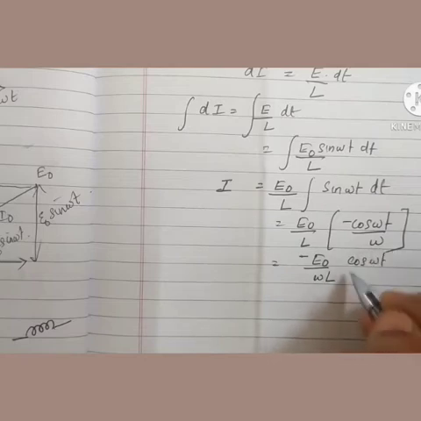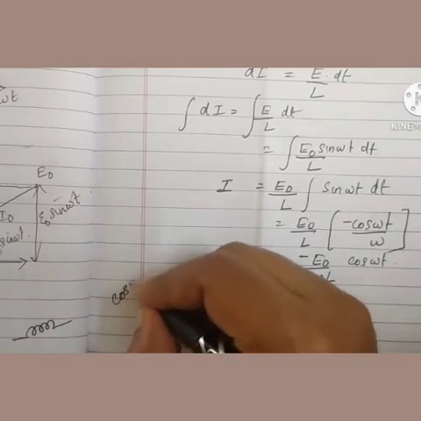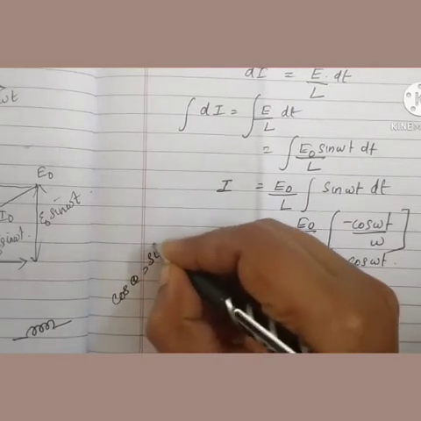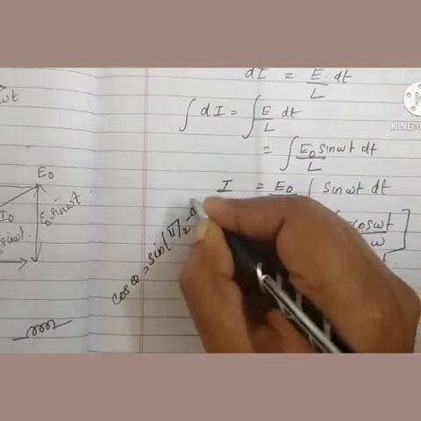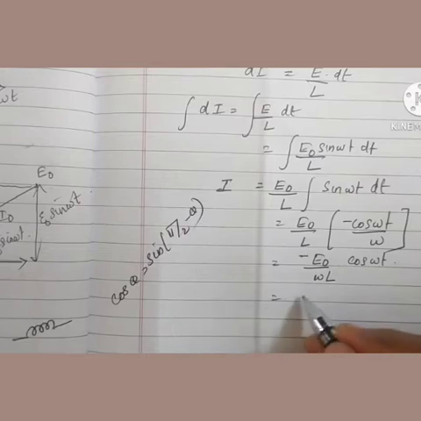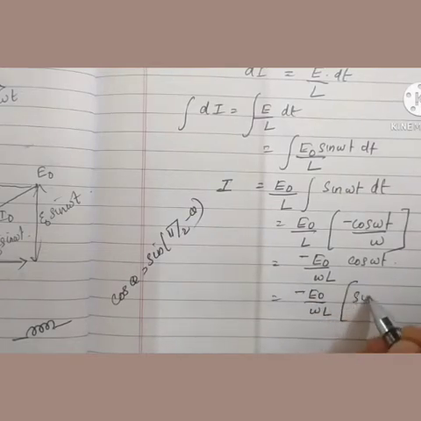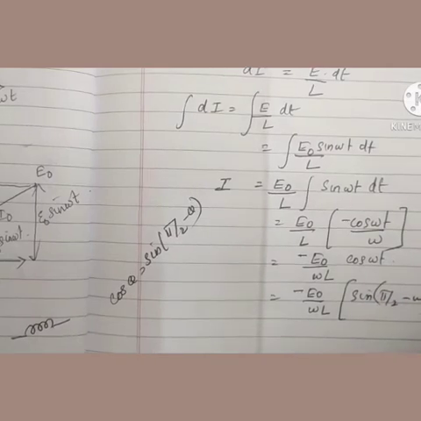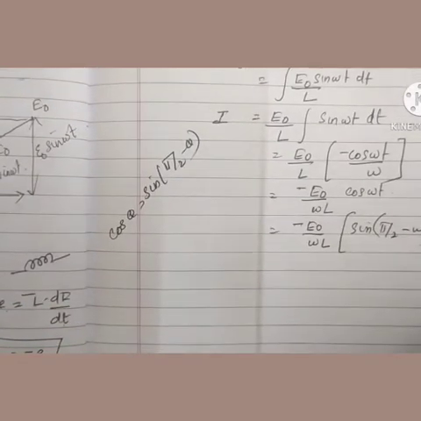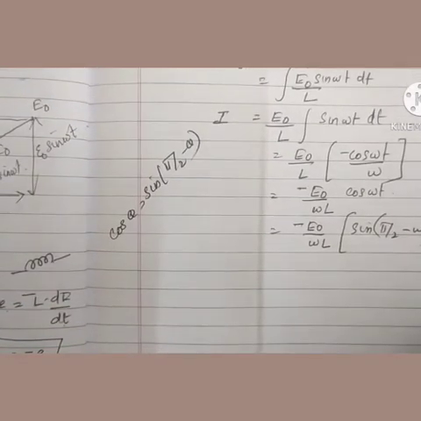Now cos theta you can represent in the form of a sine function, that is sine of pi by 2 minus theta. Therefore, minus E naught by omega L into sine of pi by 2 minus omega t. This much clear?